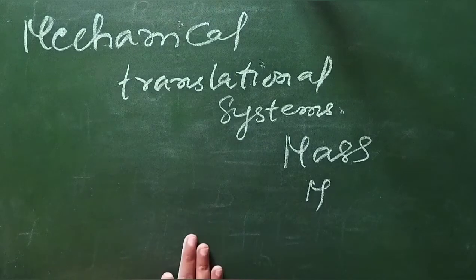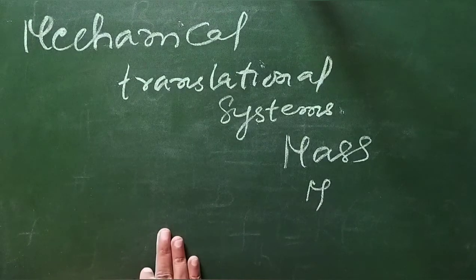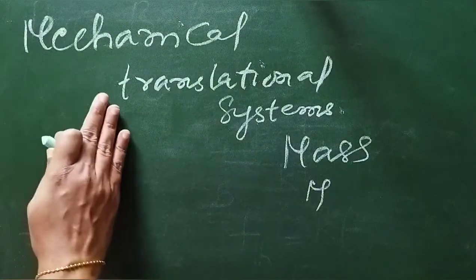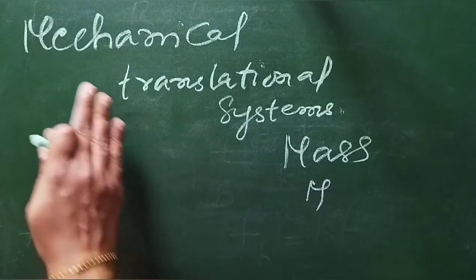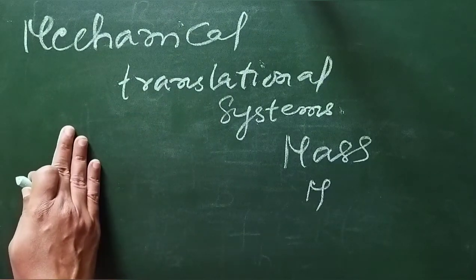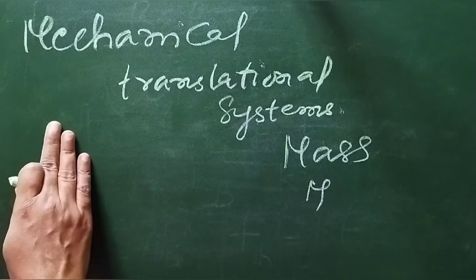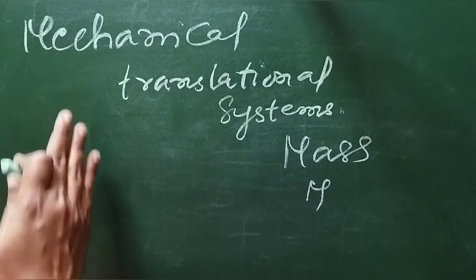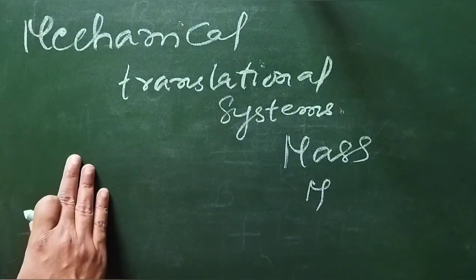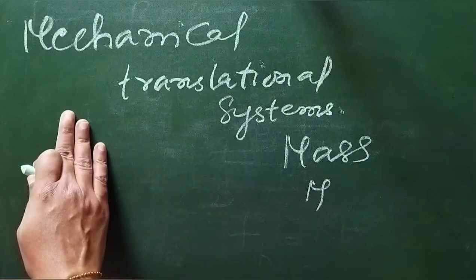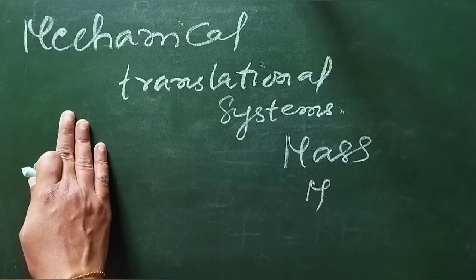In today's session we have seen what mechanical translational systems are, what the characterizing elements are, what variables are involved, and individually how we draw the free body diagram and apply the condition applied force equal to opposing force.